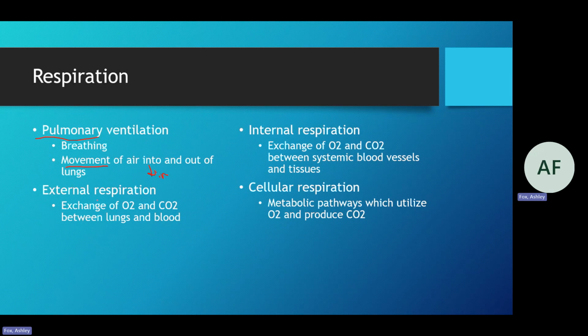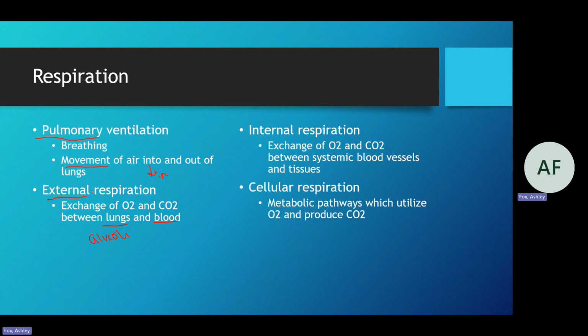Once air is into your lungs and into your alveoli, which is the site where gas exchange occurs, then we're talking about external respiration. This is exchange of oxygen and carbon dioxide between the blood and the lungs, specifically the alveoli.